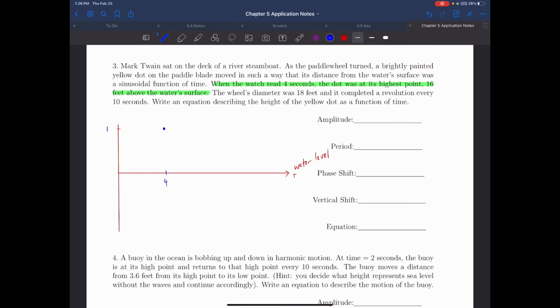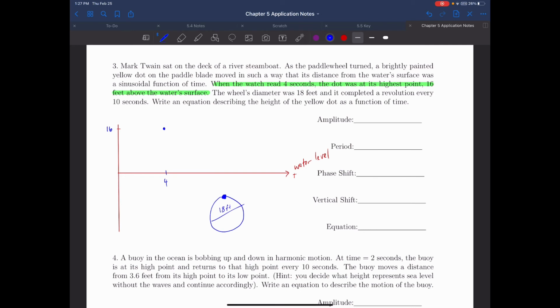It says the wheel's diameter was 18 feet. So if the wheel's diameter is 18 feet, let's say this is 18 feet, and there's some dot on it, that means half of that would represent your amplitude, because it's going to go all the way up to the top and then all the way down to the bottom.